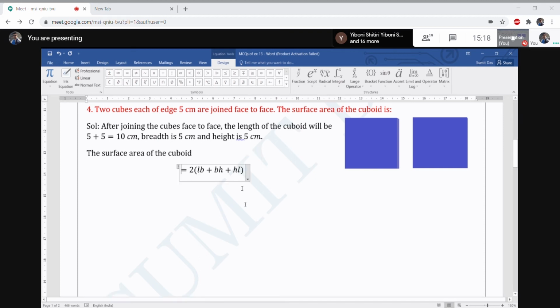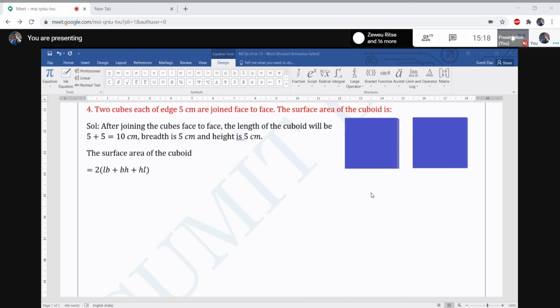So to simplify this, just put the values. 2 times, length is 10, into breadth 5, plus B and H will be 5 into 5, plus 5 into 10.